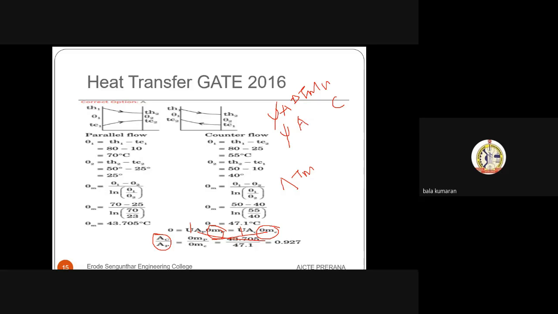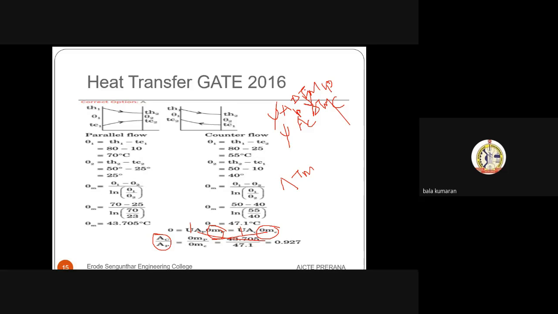Area for H and C, that means parallel flow and counter flow, so it can be P, it can be C. So we should find out the value for these two del T M's. If you find out the value, you can come out with the final answer.